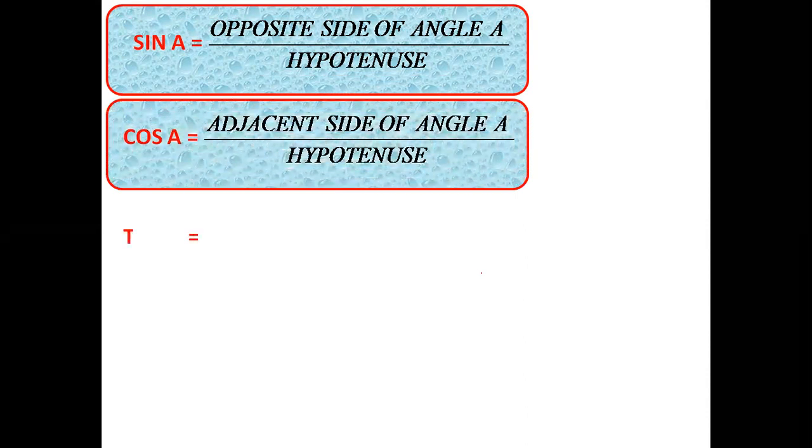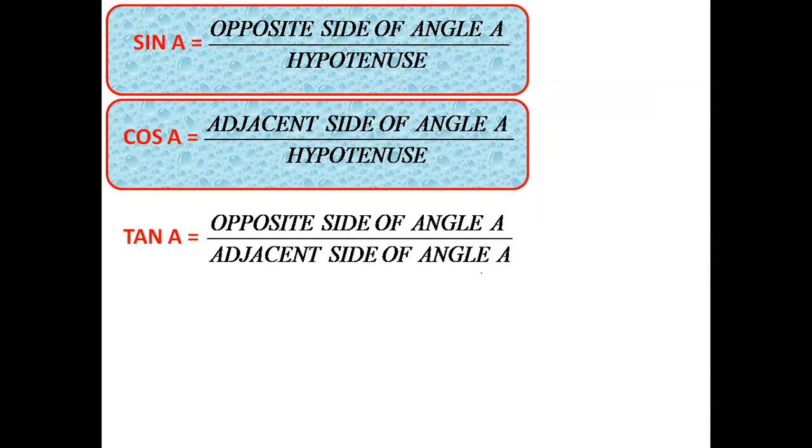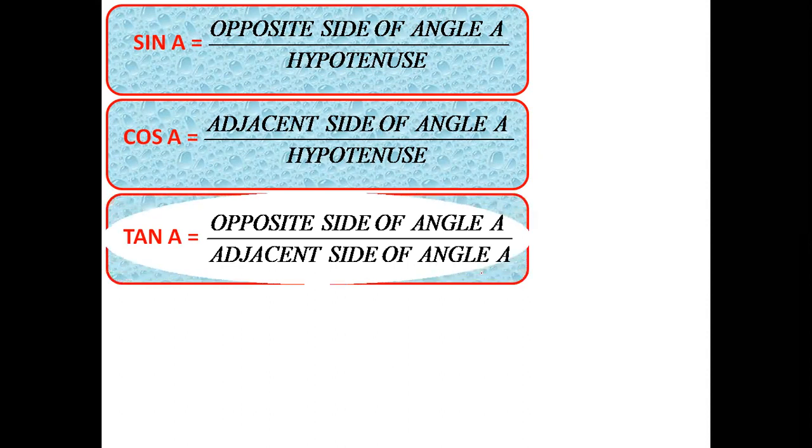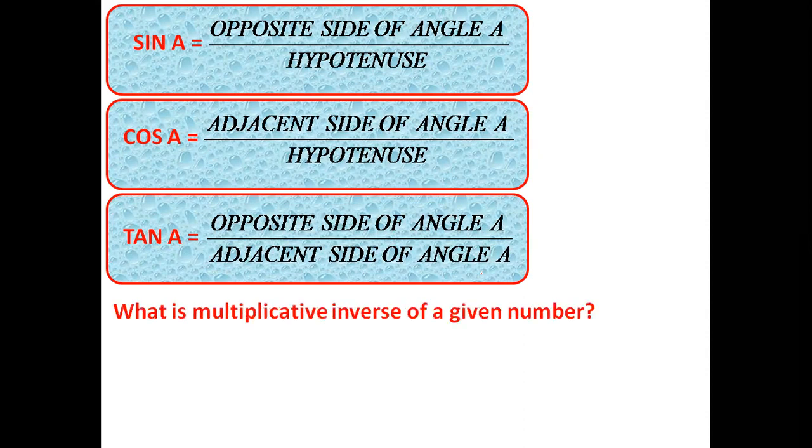Tan A is the ratio of opposite side of angle A and adjacent side of angle A. Right. And you learned in lower classes what is the multiplicative inverse of a given number.